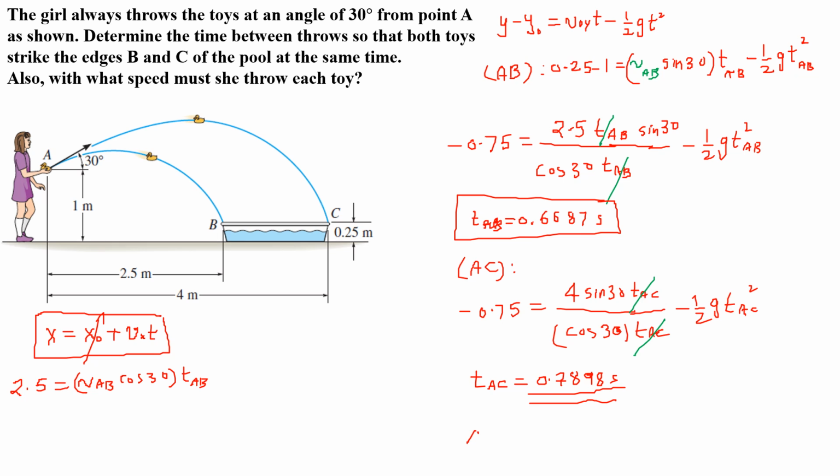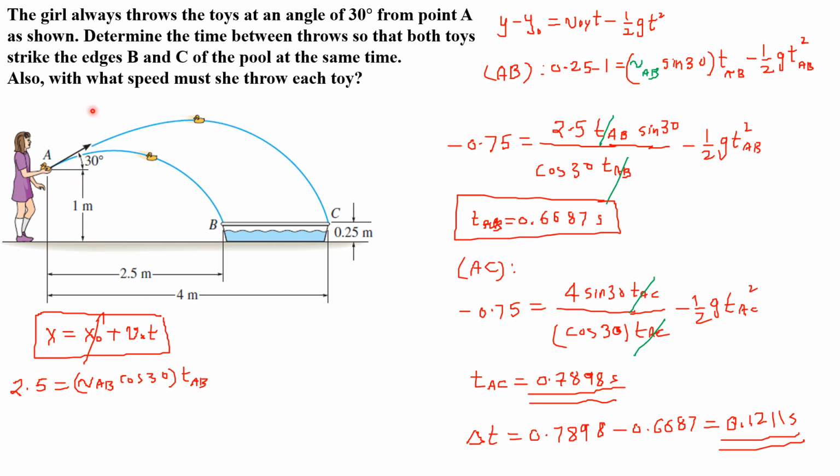Delta T is 0.7898 minus 0.6687, which gives 0.1211 seconds, writing four significant figures. That's the time between the two throws.